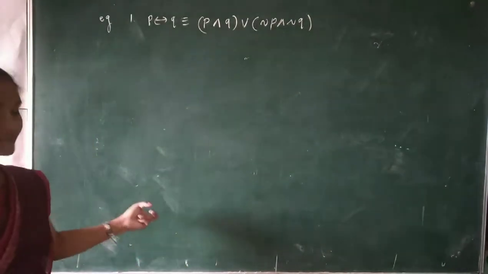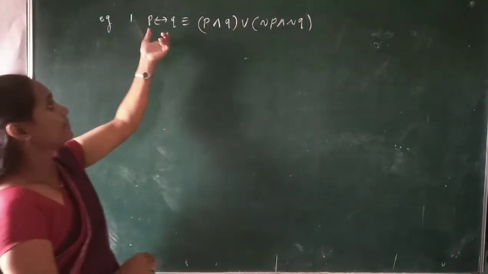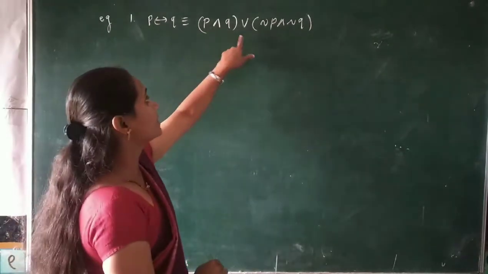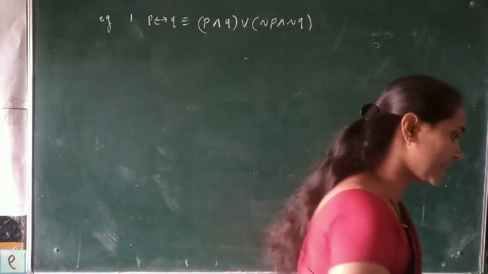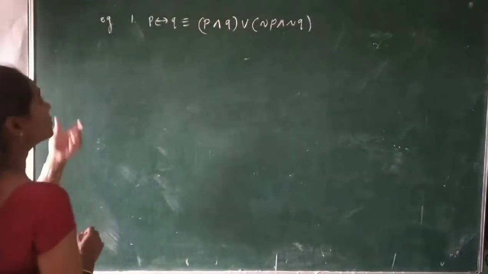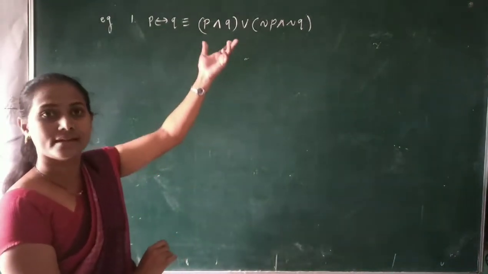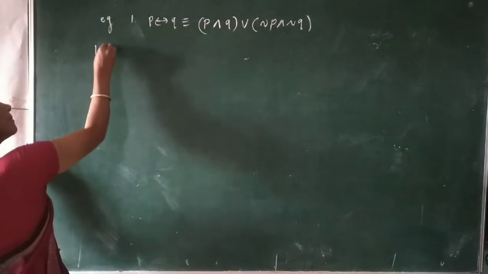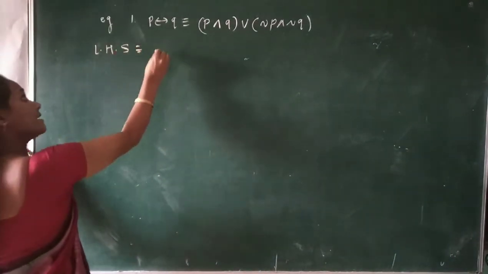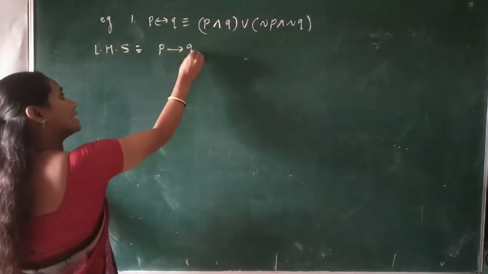Using these rules, we have to prove it. So first we have to prove that LHS is equal to RHS. So first consider LHS. What is LHS here? P double implies Q.